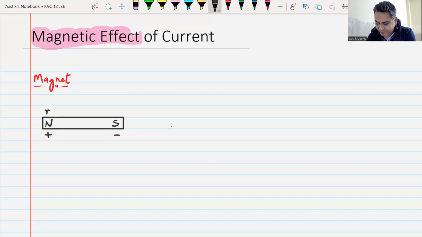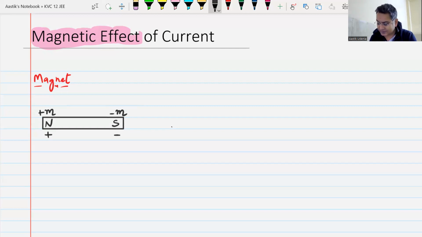Every magnet has a pole strength. The pole strength of the north pole is plus M, and the pole strength of the south pole is minus M, because we call the north pole the positive pole.